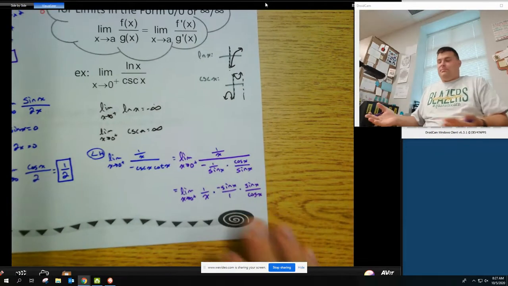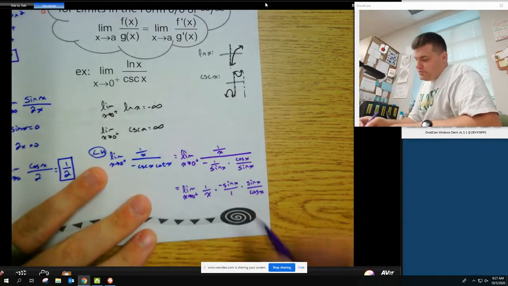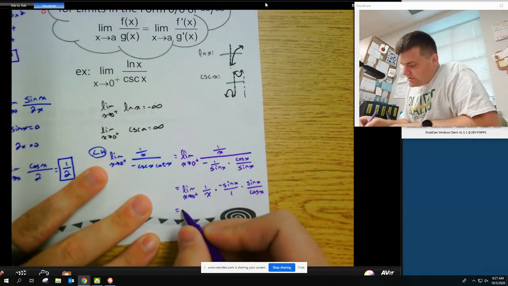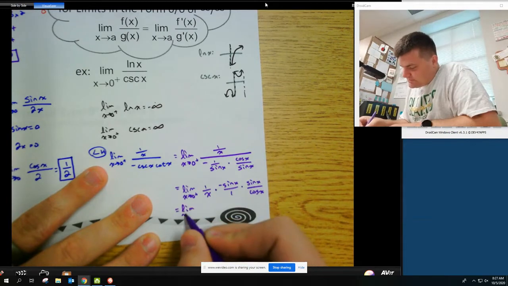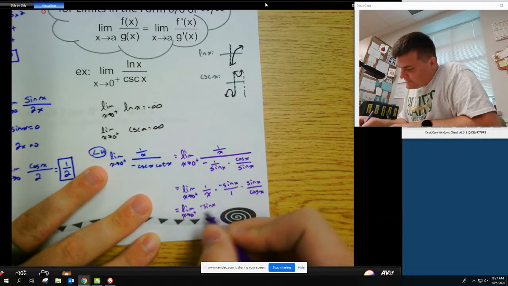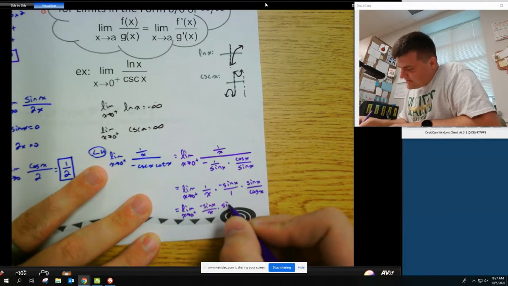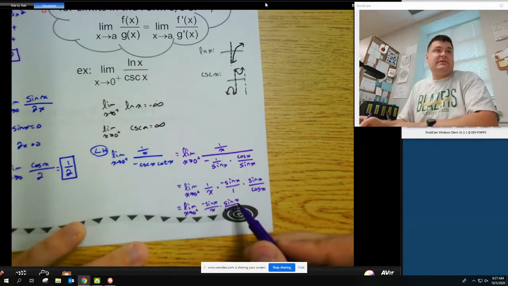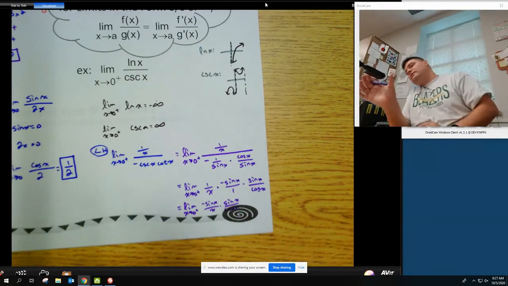And now I'm pretty much set up for success because I'm just going to redo a little bit of rearranging here. I'm going to get the limit as x approaches 0 from the right of negative sine x over x times sine of x over cosine of x. Sorry, I know I'm writing that a little bit. That says sine of x over cosine x.